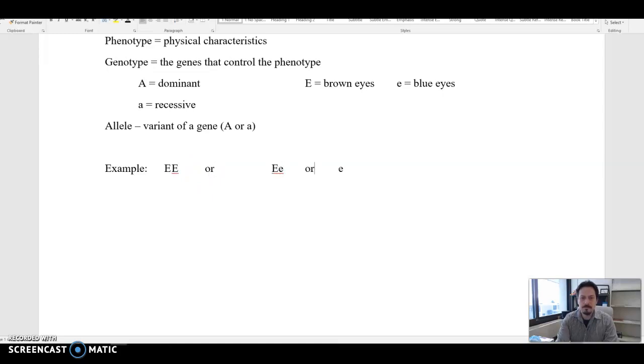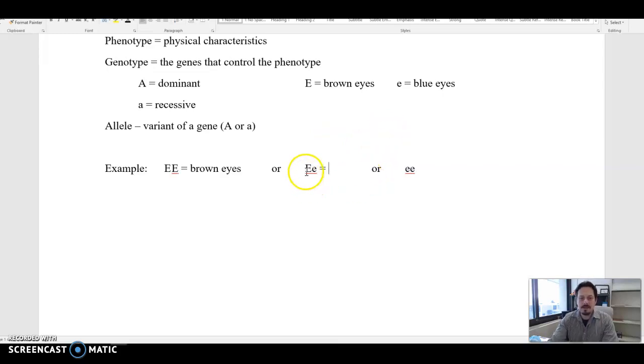You can have this set of genes, big E, big E. What color eye would this be? Because it has the big E, that means it is brown eyes. You could have a big E, small e. What color eyes would that be?